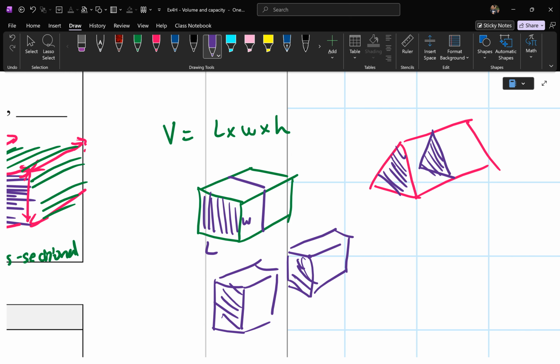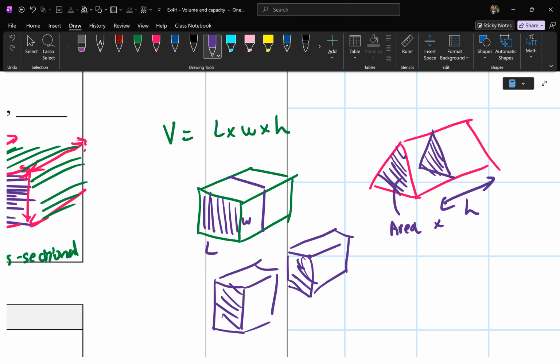Then the volume is this area times how many units do I need of them? How many of those same areas all the way through? That's why it's area times the third dimension. Does that make sense? So this is 2D, third dimension. That's how you make it 3D. That's why the formula is area times height.